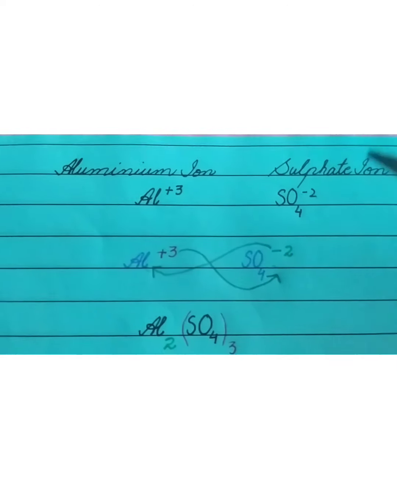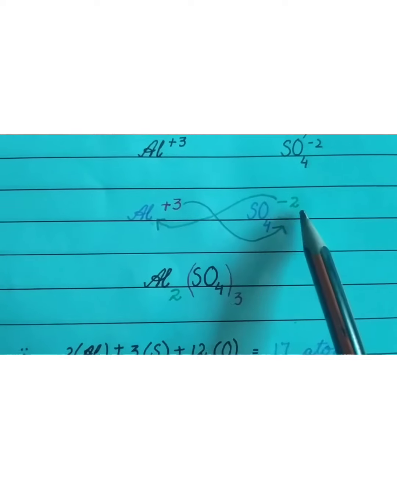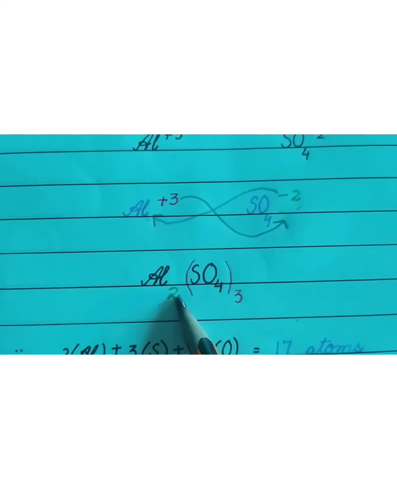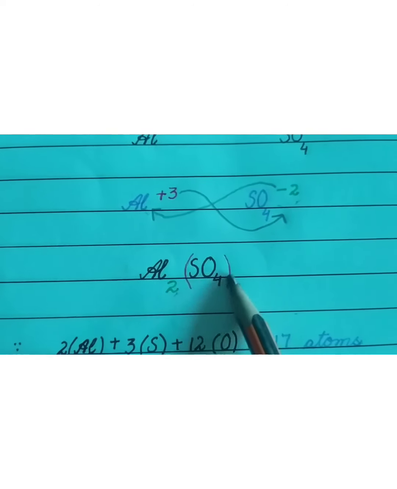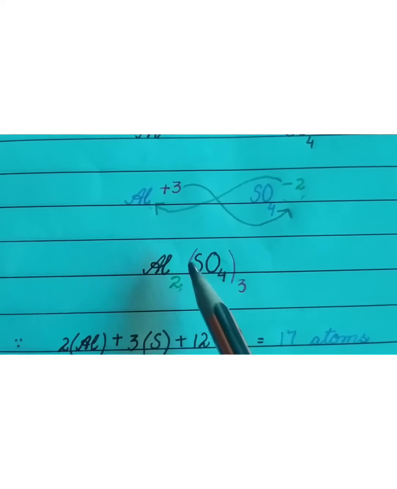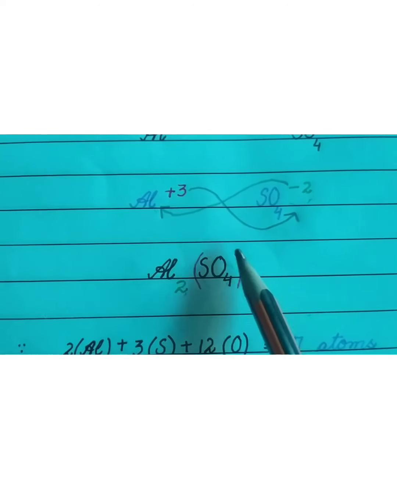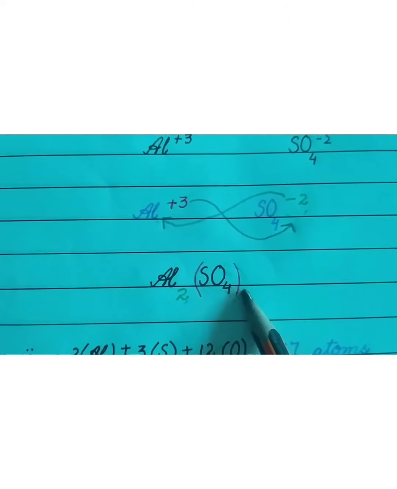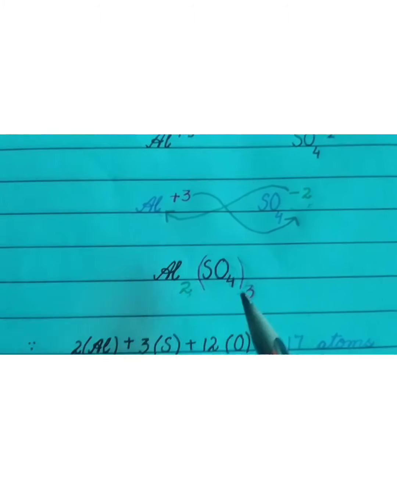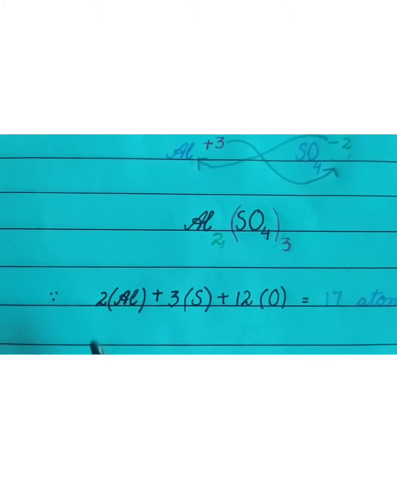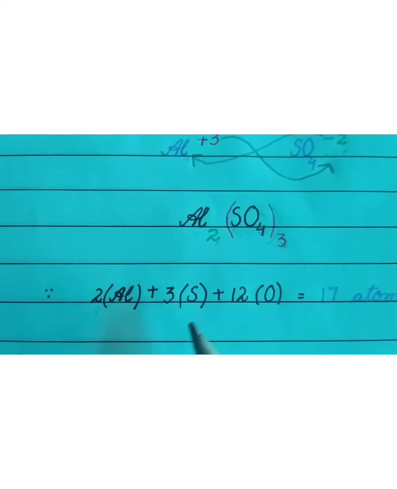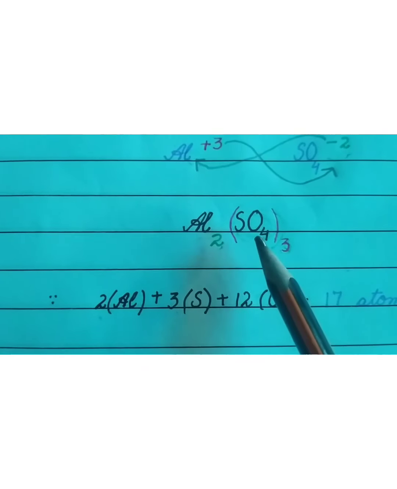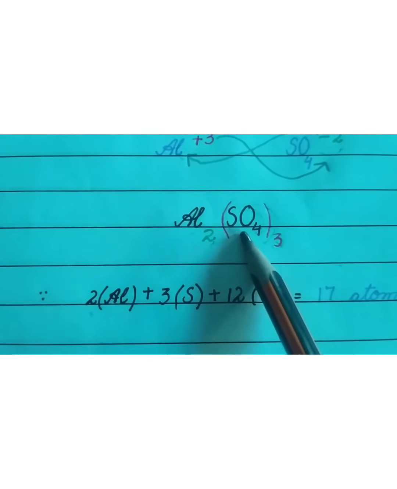Okay, now Al2, as SO4 is already with suffixes, so we will write brackets with this ion, then outside 3. It means that it has 2 aluminium atoms, 3 sulfur atoms, and 12 oxygen atoms.